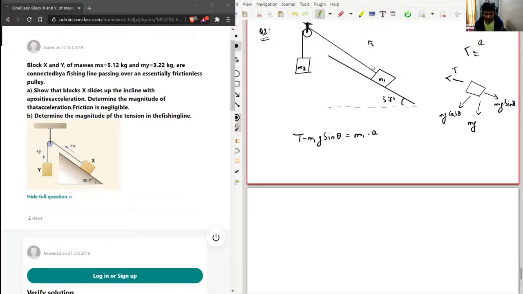It is nothing but force, and the acceleration we know is a, so m1 into a will give us the force. So this is equation number 1.